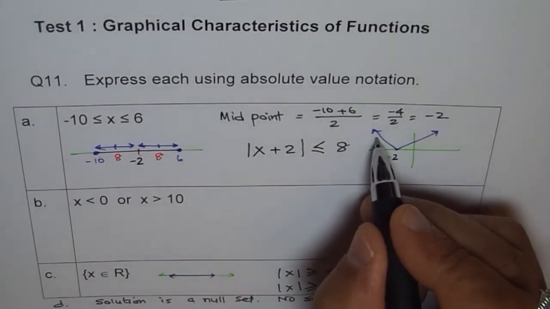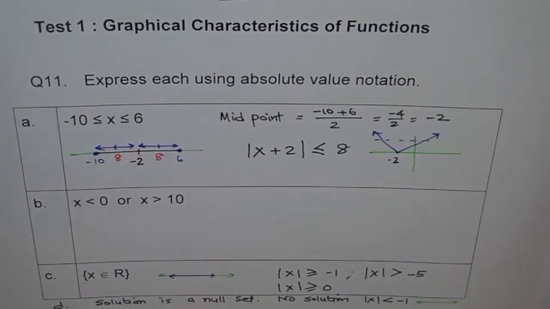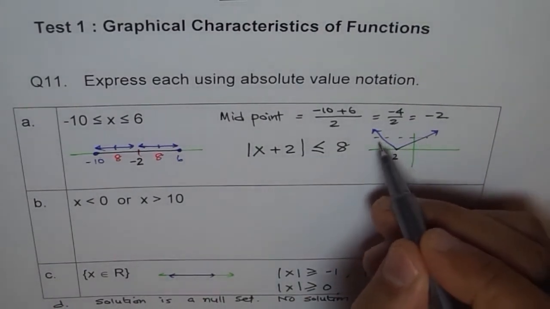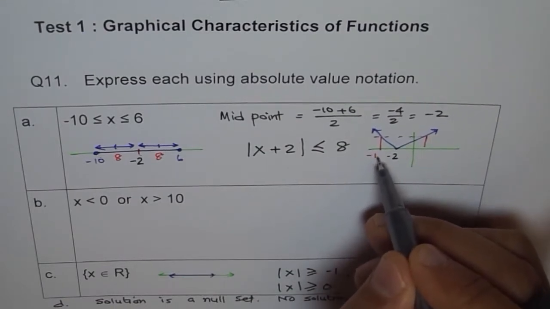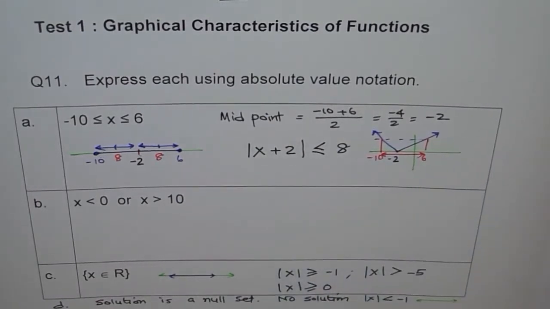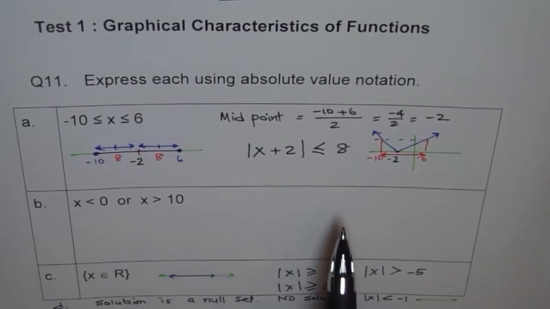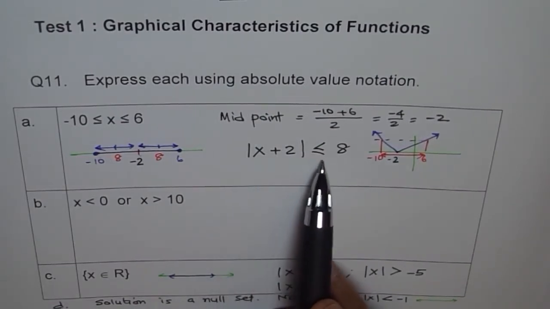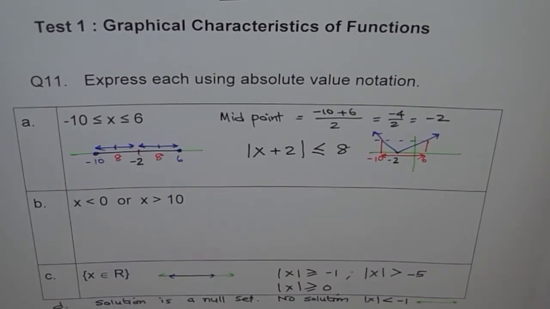And then if we have a horizontal line here, these points are minus 10 and 6 for us. We are interested in these values in between minus 10 and 6. I hope you understand the concept, and the solution therefore is absolute x plus 2 is less than or equal to 8.